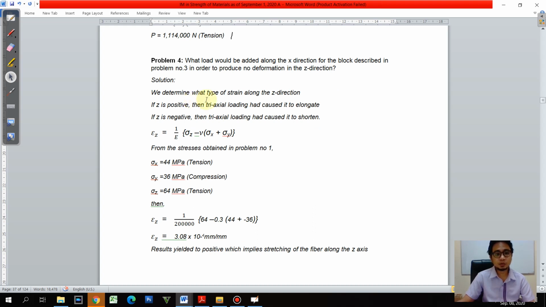So we determine what type of strain we have along the z direction: if z is positive, then triaxial loading had caused it to elongate, and if z is negative, then the triaxial loading had caused it to shorten.